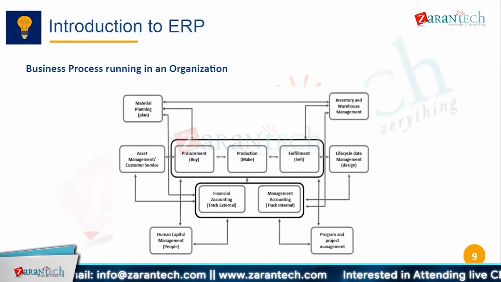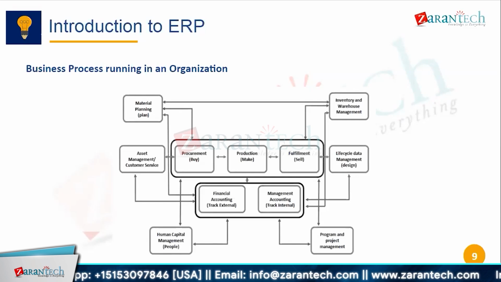Your material planning is attached to your procurement. Your procurement is attached to your production, and therefore into fulfillment where you are selling. The inventory will be linked to your fulfillment, warehouse management, and inventory. They in turn will be in for production. All this will flow into financial accounting and management accounting.